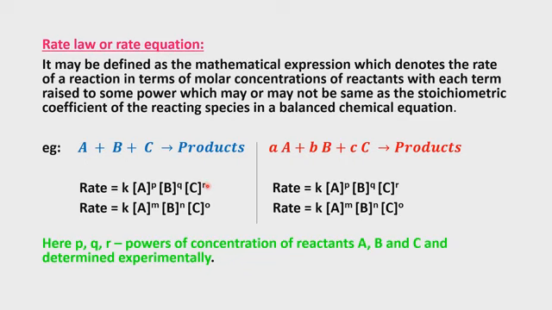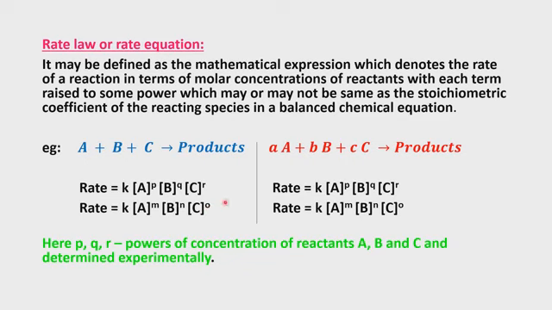Again I have mentioned rate equals K into the same A, B, C. In the above equation I have mentioned p, q, r. In this one I have mentioned m, n and o. You can write any one, p, q, r or m, n, o. In some textbooks you can see p, q, r. In some reference books you can see m, n, o.